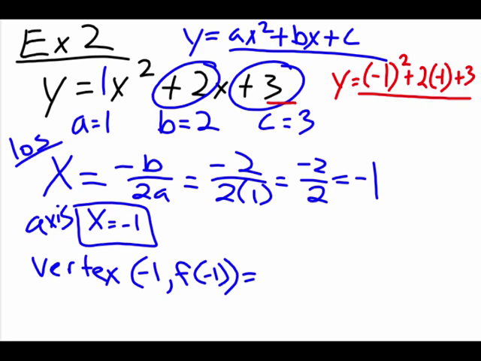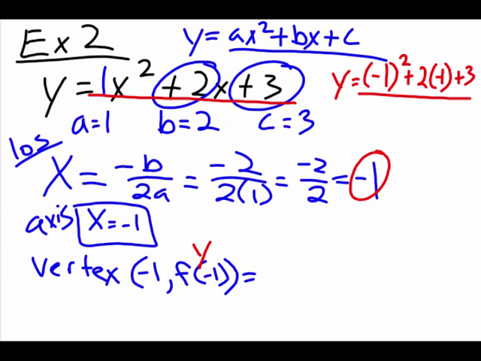So I'm just taking this equation, and wherever there's an x, I'm substituting negative 1 for the x. Before I move any further, does that make sense? Yes. I'm trying to find the y value of the vertex. So I need the x comma y of the vertex. I know what the x is because I solved it right here.